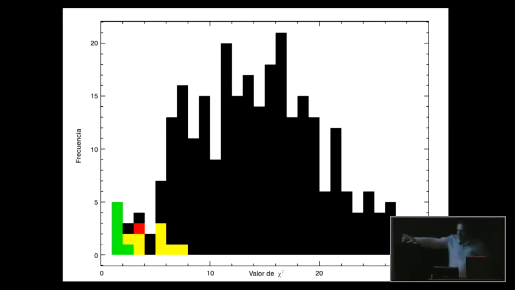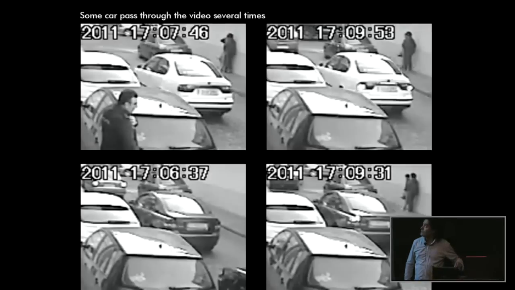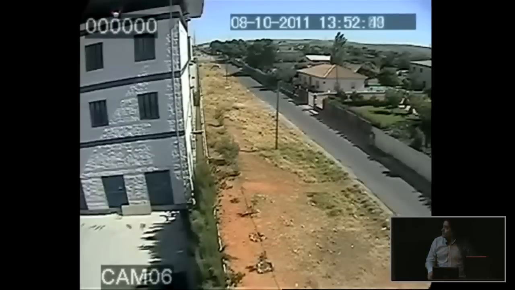There are also some very low values, but we saw that we had several cars passing several times through the video. So this test also allowed us to recognize these cars, and it's also a double check for this technique.